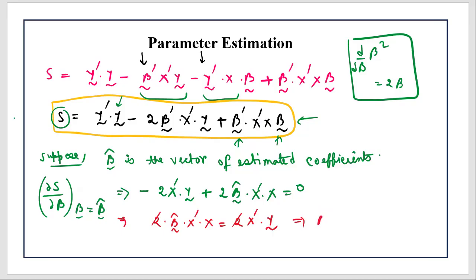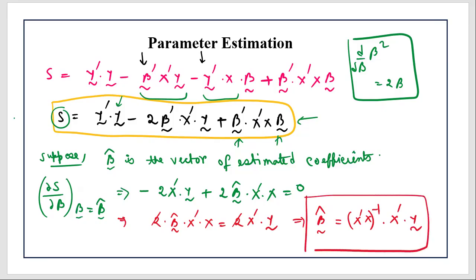What will be the estimated value of the parameter vector beta? This will be simply X transpose X inverse into X transpose Y. All the questions that you will solve after this will depend on this particular formula. This is the formula of the estimation. This is the estimated parameter in case of the multiple linear regression model using matrix notation.